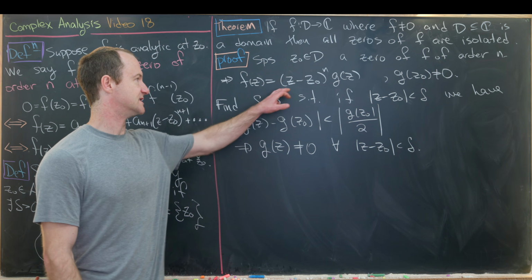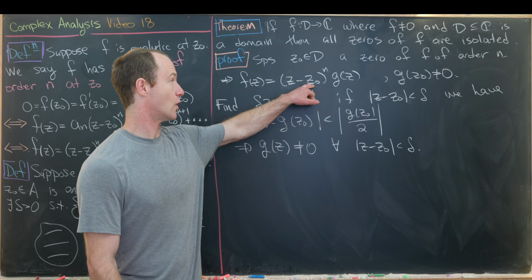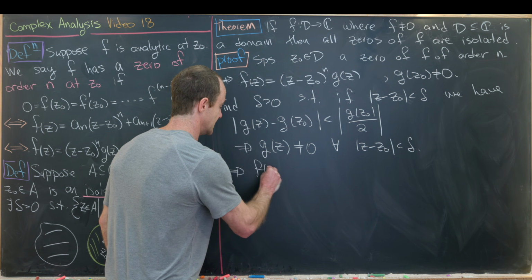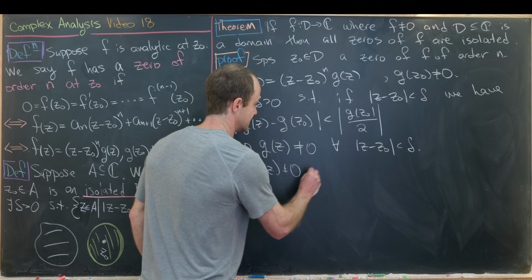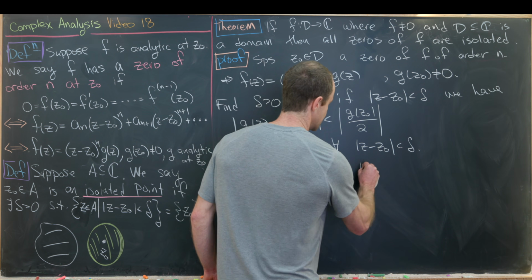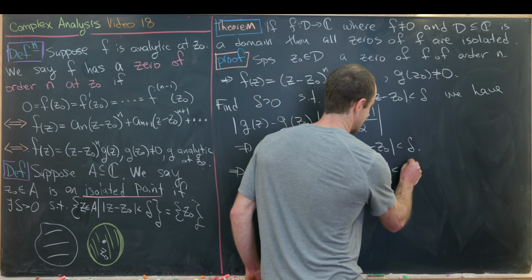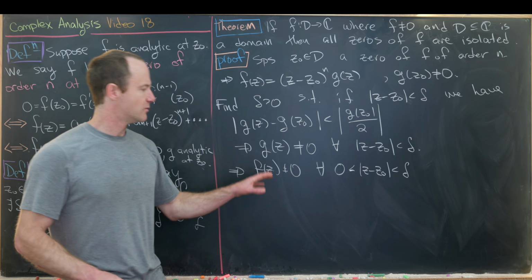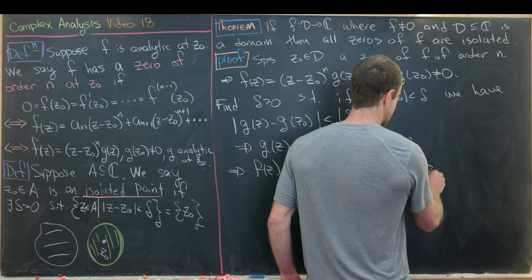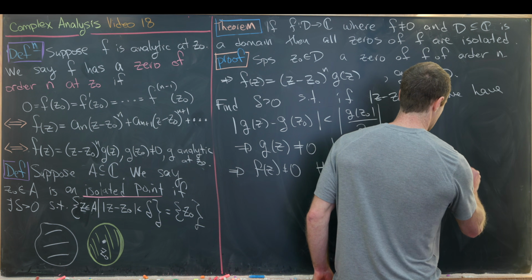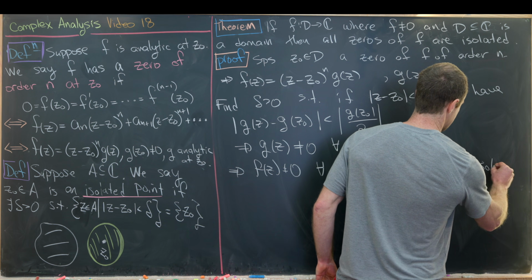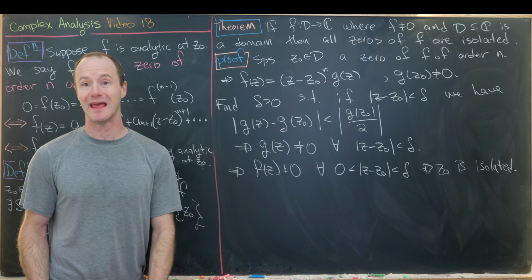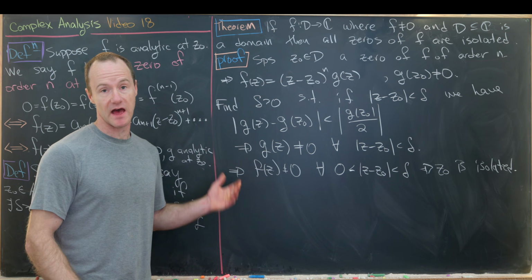But now, since z minus z naught is only 0 at z naught, that tells us that f of z is not equal to 0 for all z with 0 less than the modulus of z minus z naught less than delta, as long as we are strictly bigger than 0. But that's exactly what we need for this z naught to be isolated. So z naught is isolated, right? We bound it away from any other zeros of f.